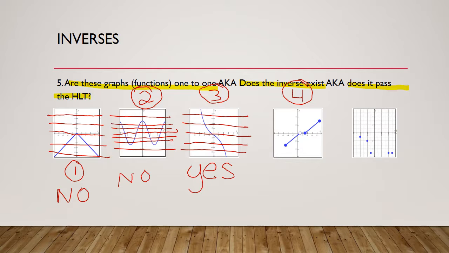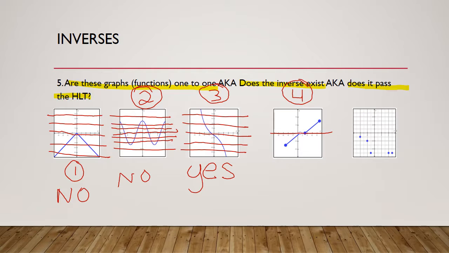Let's try number 4. There's only one line that's a little questionable, and that's this line right on the x-axis. Every other line, I think it's clear to see, will only touch once. But I claim that this line only touches once.